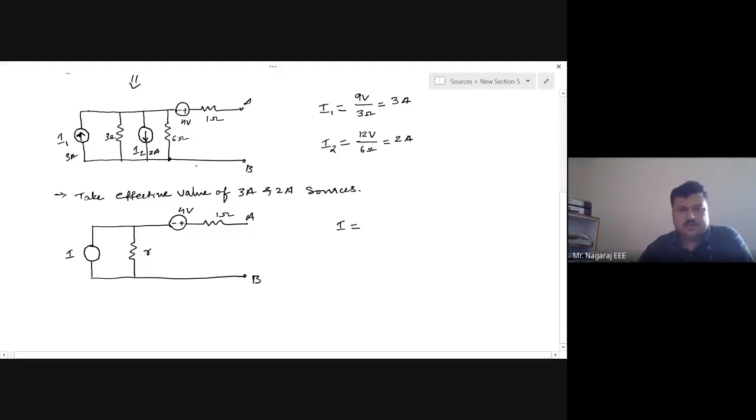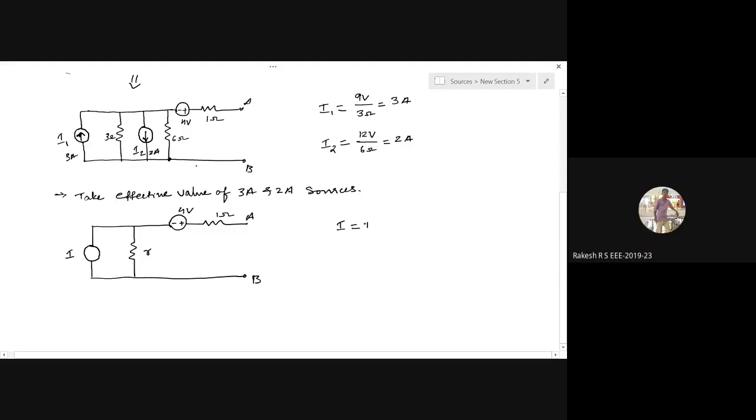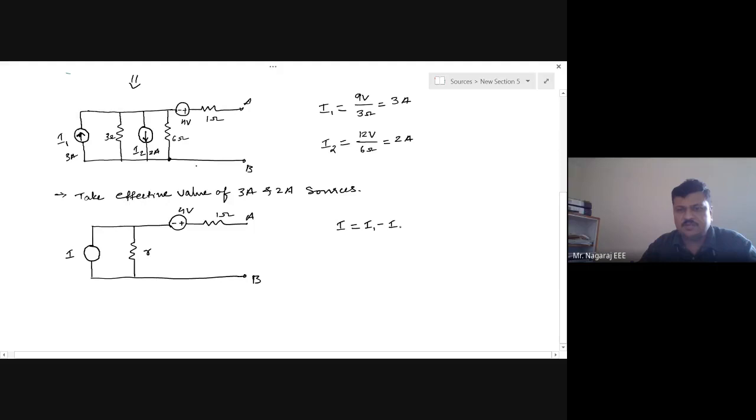In the previous case, both the current sources were in the same direction. But now the current sources are not in the same direction. I1 is upward, I2 is downward. So is it I1 minus I2 or I2 minus I1? I1 minus I2, because I1 is larger in magnitude than I2. Therefore, it is 3 minus 2, which is 1 ampere.